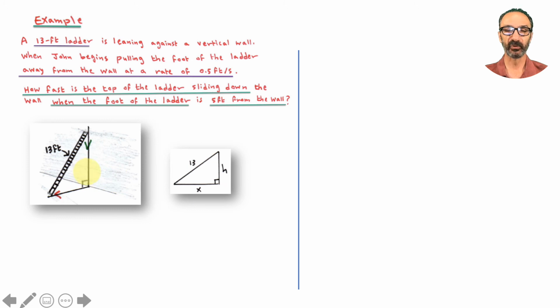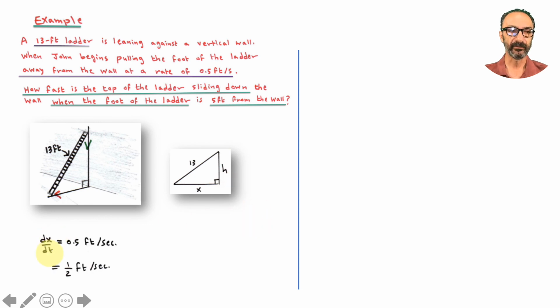So if you think about a two-dimensional figure, I have x and h, and this is fixed, 13 in this case. As you can see, every problem has its own way of handling right triangles or others. You have to be careful. But notice that x increases, and instead of calling it y, we call it h for the height, which decreases. Keep that in mind.